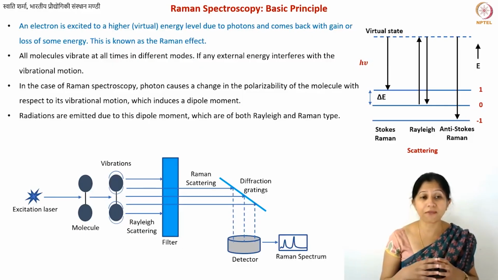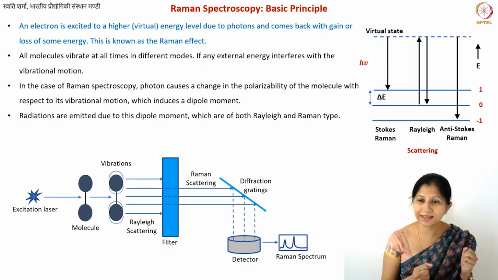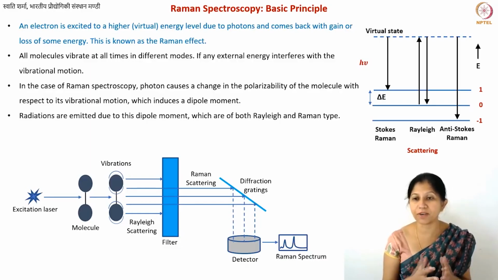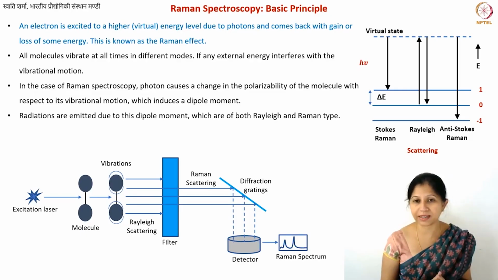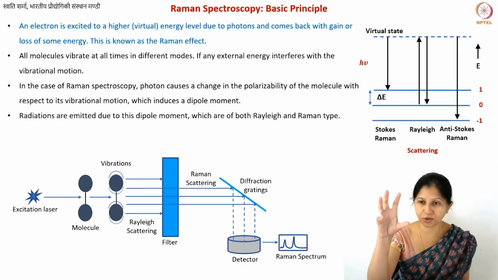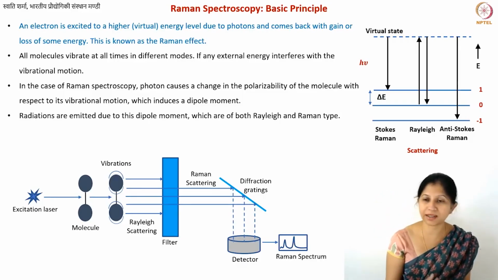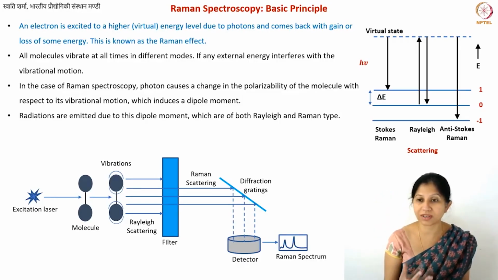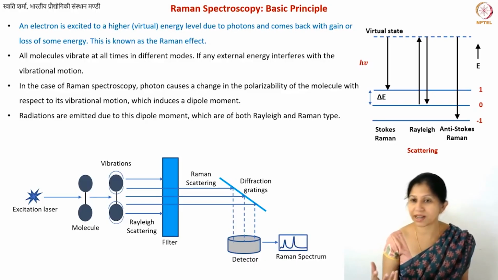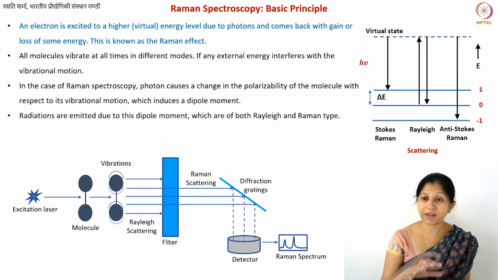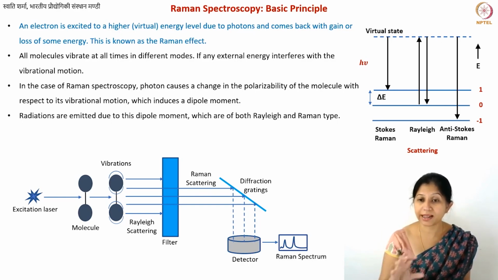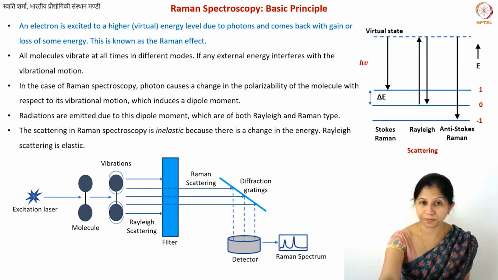You can have a filter to get rid of the Rayleigh light, because we know it has the same energy as the excitation energy, so we can filter it out very easily. Then we plot Stokes and anti-Stokes. Some molecules will give you more Stokes lines, some will give you more anti-Stokes lines. That again depends on the characteristic of the material, and then we detect it and plot it, and that is how we get the Raman spectrum.